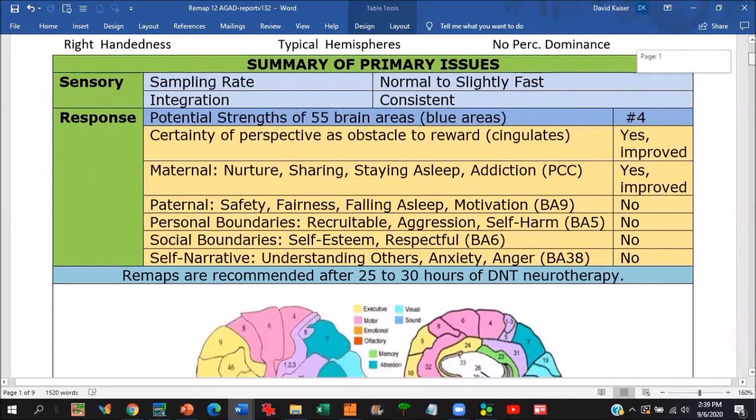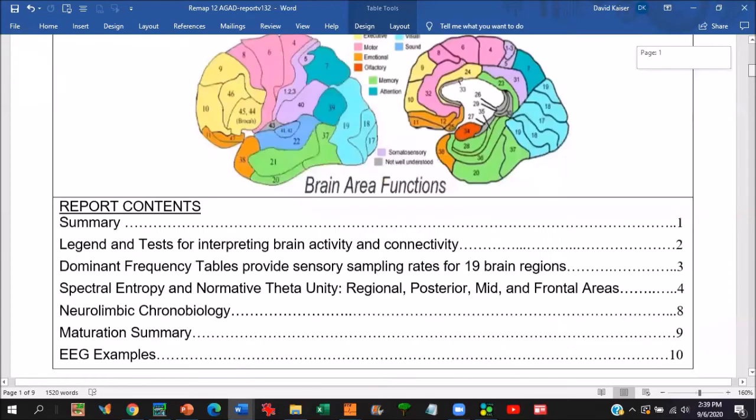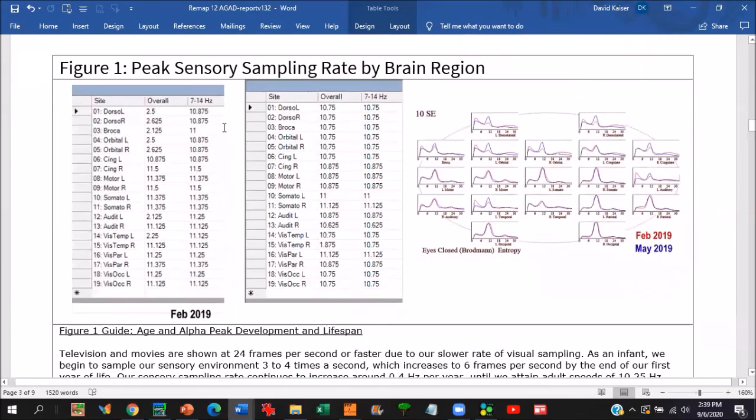Okay, so the summary is really looking at their spectral plot and the dominant frequency table in particular. The first thing we explain is this dominant frequency table. We only care about this second row really, because the first row can have artifact in it. We leave the first row there because sometimes, if someone's very slow, they may have a peak below 7, like 6, but most people will not have a peak that low.